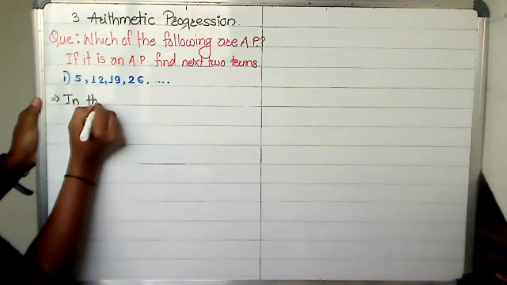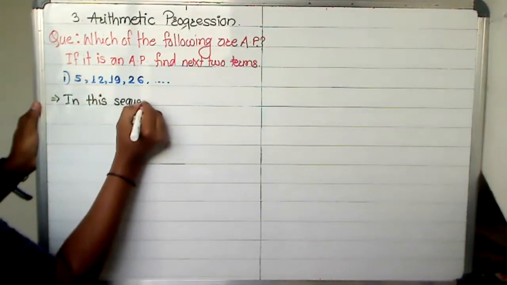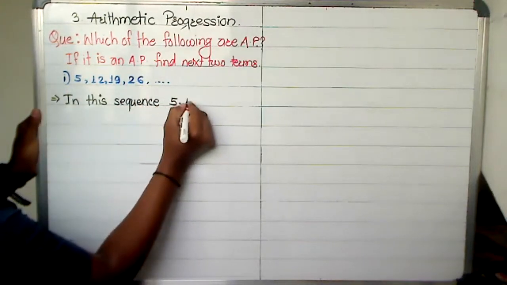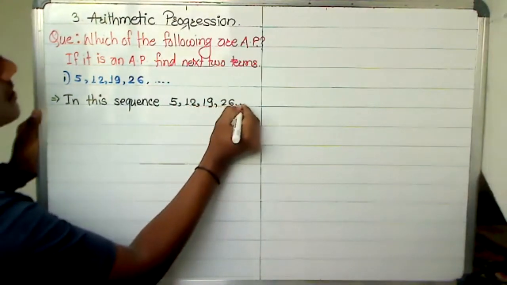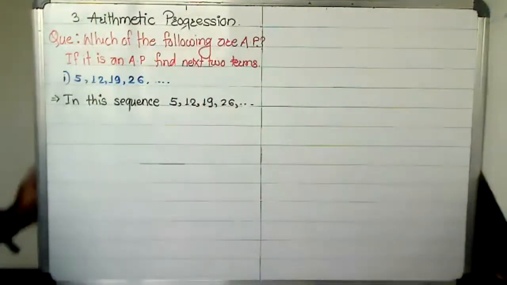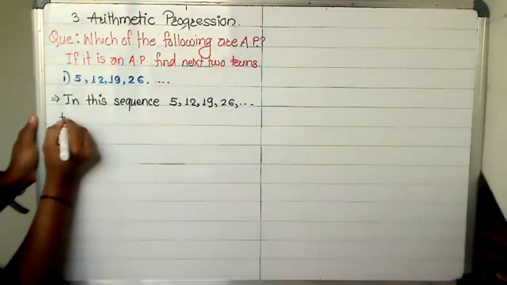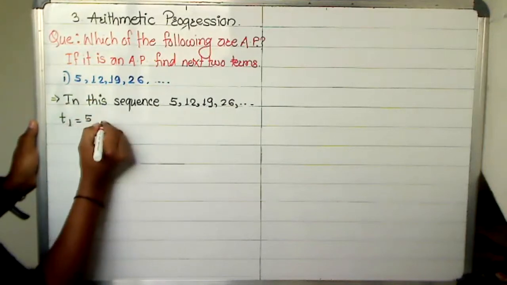In this sequence, write down 5, 12, 19, 26. So 5 is the first term: T1 is equal to the first term, which is 5.